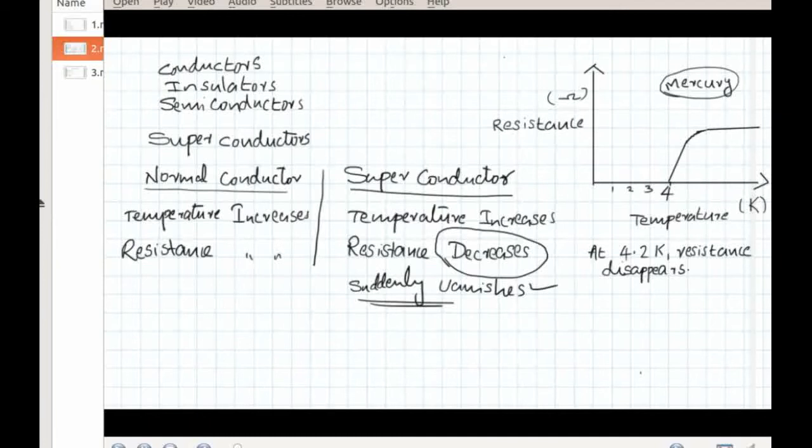So there is a conduction without any resistance in the case of mercury at 4.2 Kelvin. And this temperature is called critical temperature, and this critical temperature will be different for different materials.